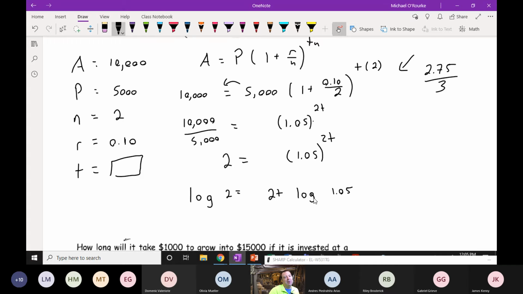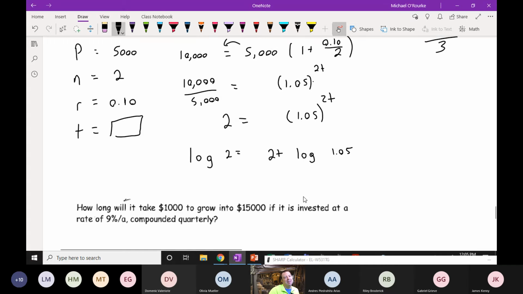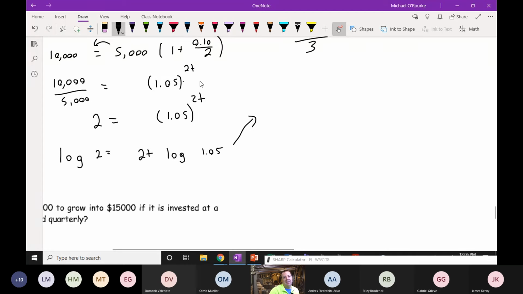Does everyone remember this? How we take the log of both sides? Bueller.